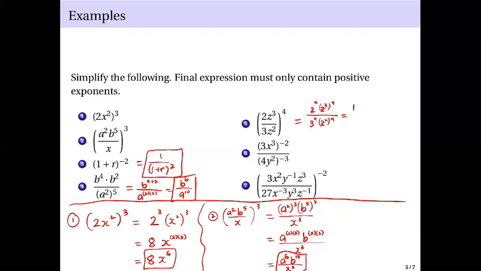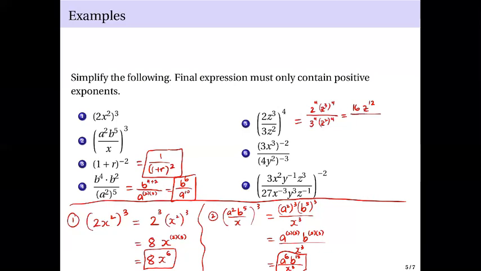That's 16. And then here, z cubed to the 4, you will multiply the exponents, 3 and 4. But for this particular example and for the rest of the examples, we'll do the multiplication right away. So here you have 3 times 4, that's 12, so you will have z to the power 12.